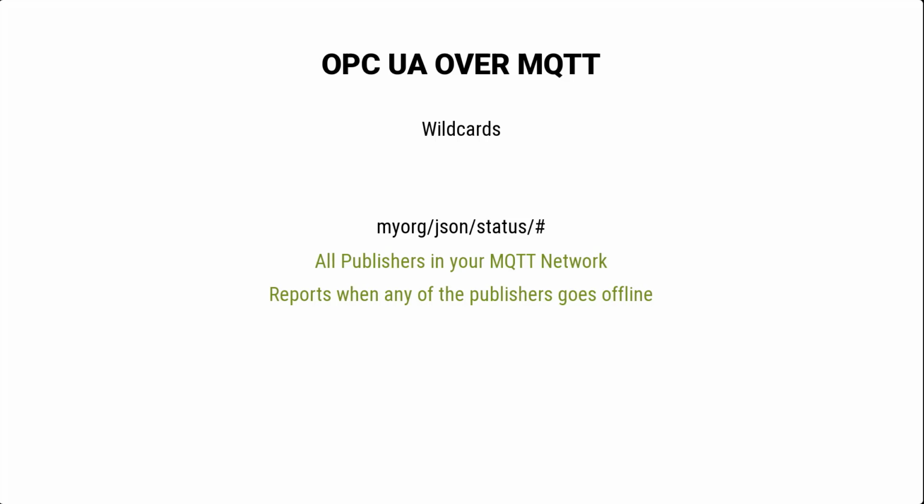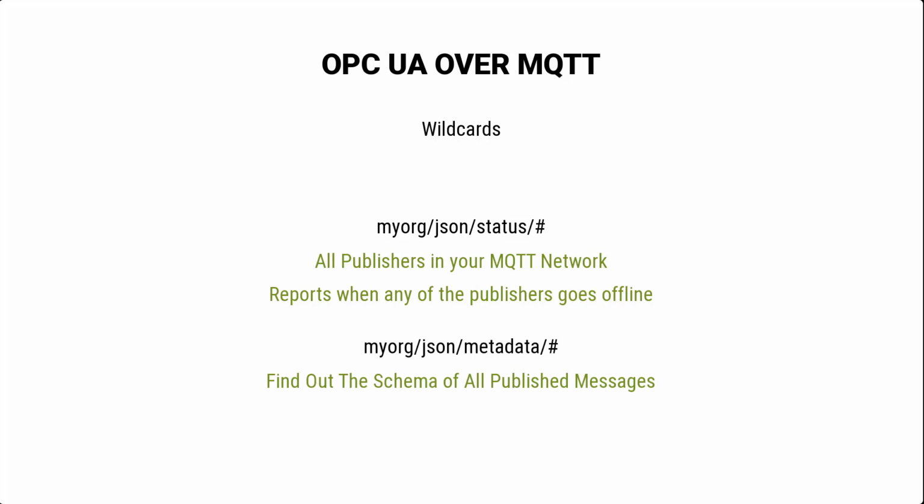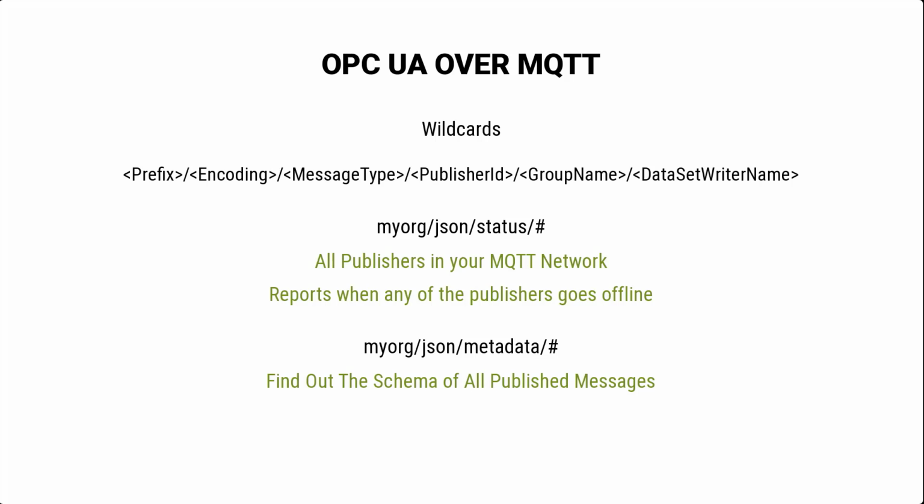And if you need to find out the schema of all the messages that are being published to the broker in order for you to decide which ones to listen to, you can subscribe using a wildcard on the metadata topic. So, in reference to the recommended MQTT topic tree, status and metadata in this case represent message type. Notice here that these message types provide data about elements in two different levels of the topic tree hierarchy.